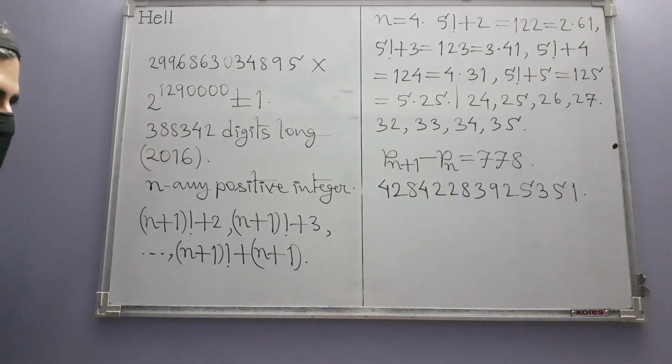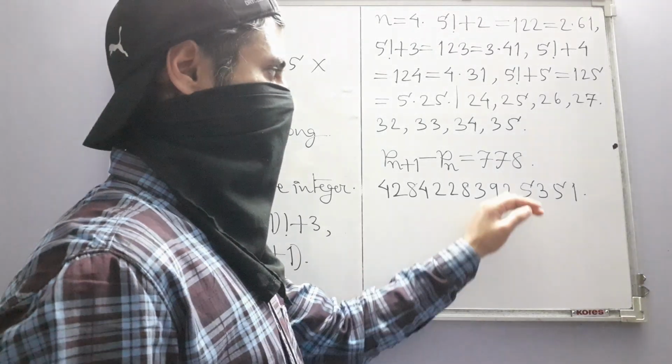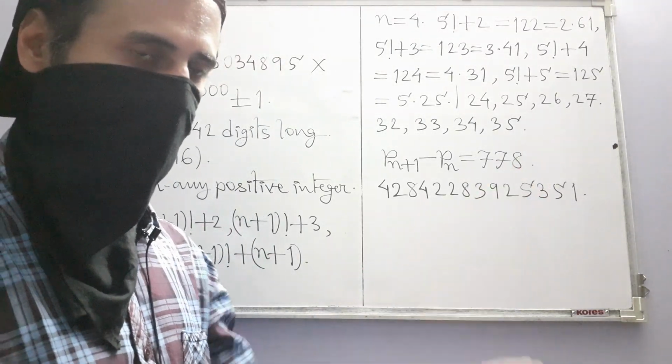This is known to be a prime, and after this there is a gap of this size, and then the next prime occurs.